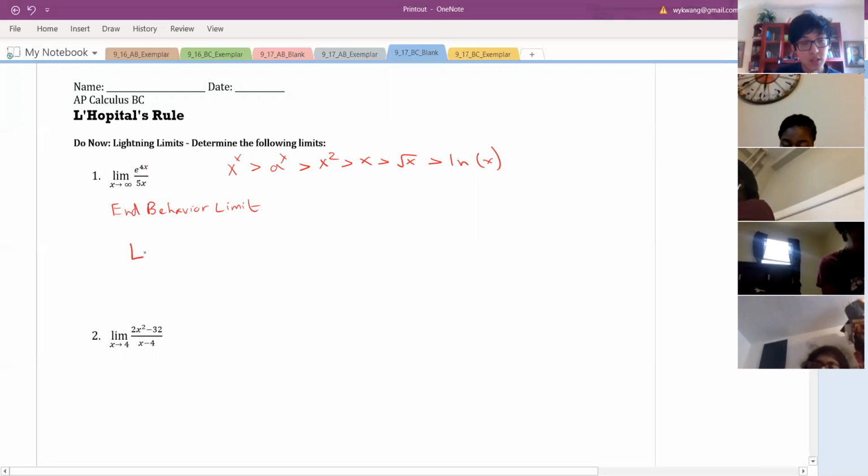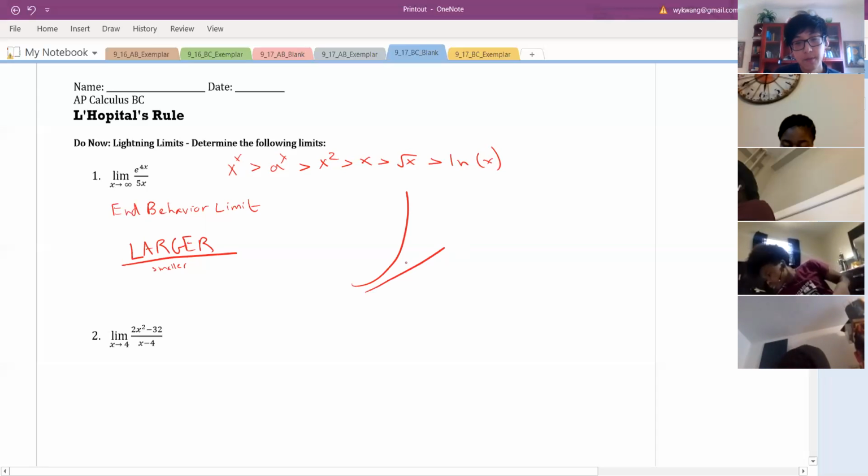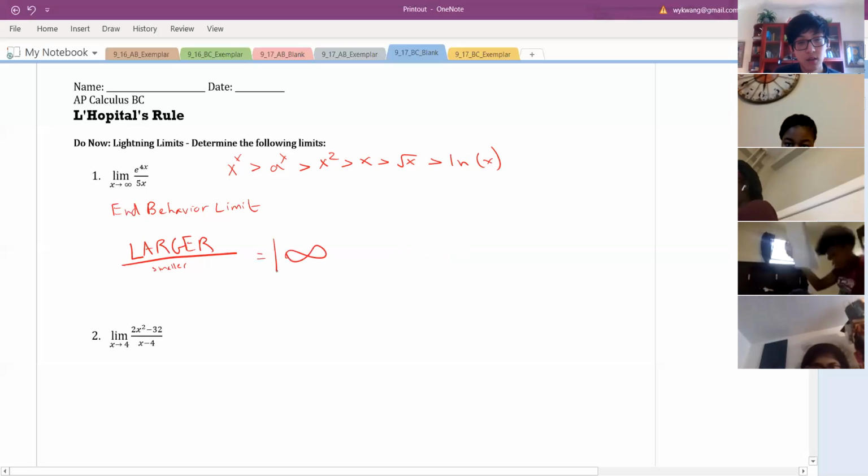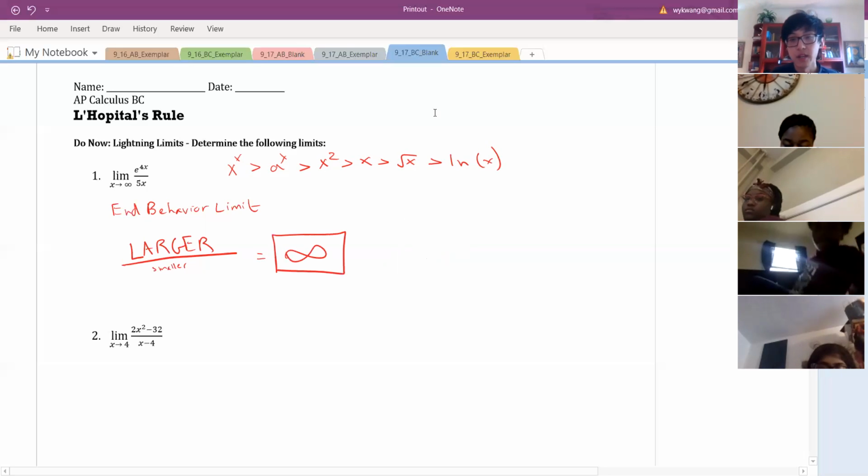It's going to infinity, it's larger in the numerator, and smaller in the denominator, because e to the x goes way up while 5x increases linearly. So e to the x is obviously going to dominate. Since it's much larger over a much smaller number, that's going to infinity. So we have infinity.